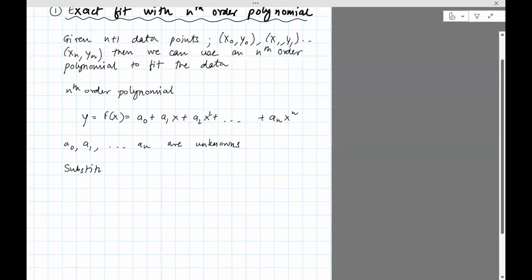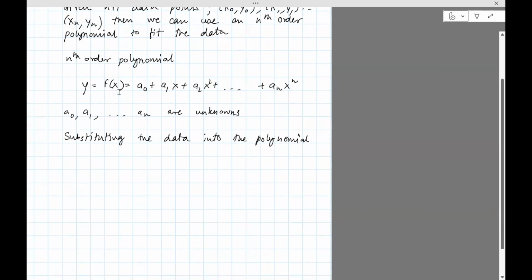So substituting the data into the polynomial, we have, okay, we can do it this way. y0 equals a0 plus a1x0 plus a2x0 squared plus so on an x0 to the n.